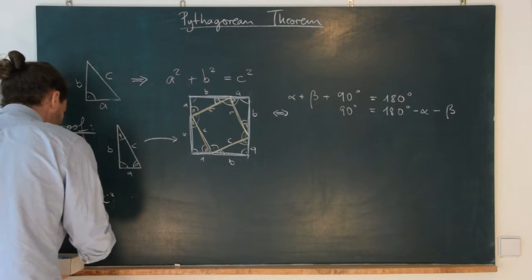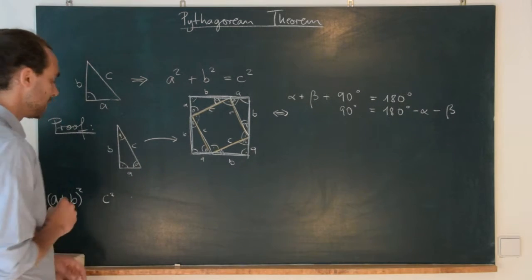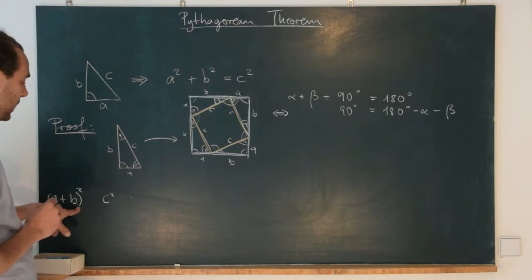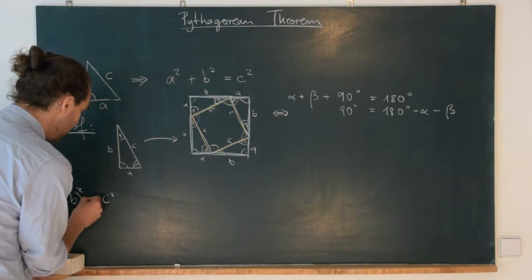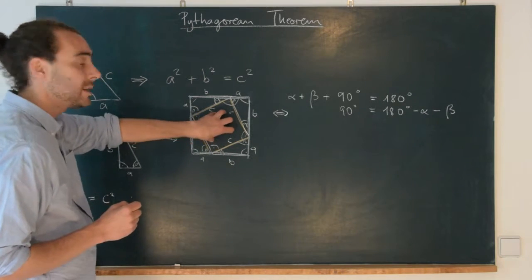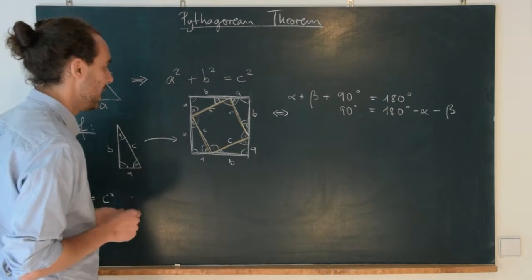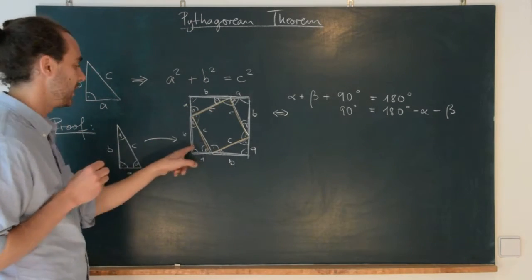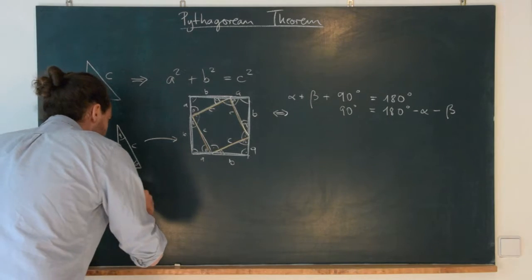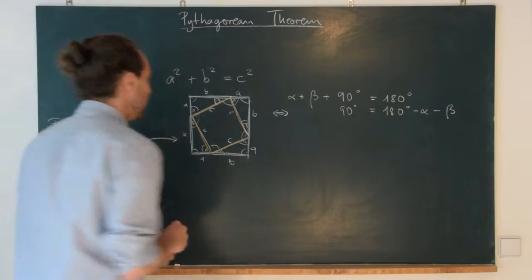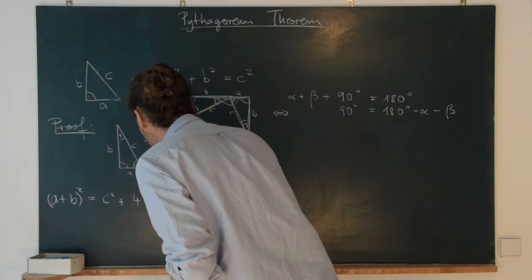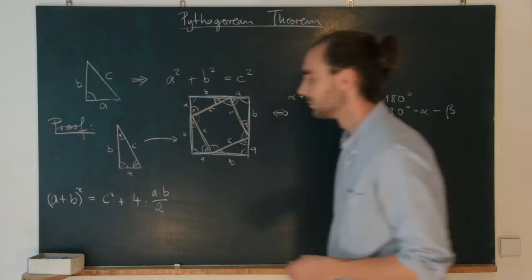So this big square, of size A plus B squared, is of course equal to C squared, this area, plus the area of all these triangles. So we have 4 triangles, and each of them has the area A times B half.